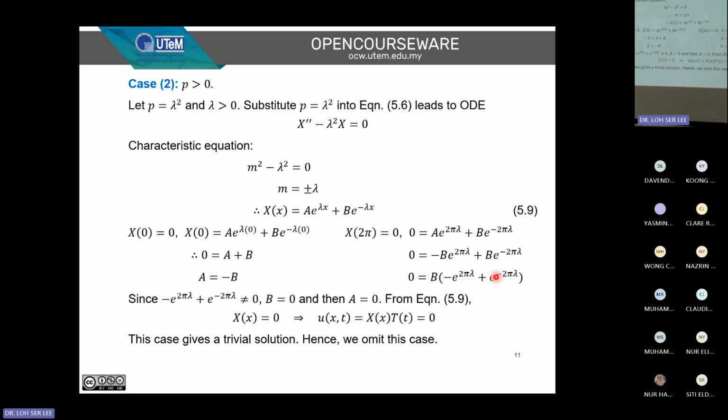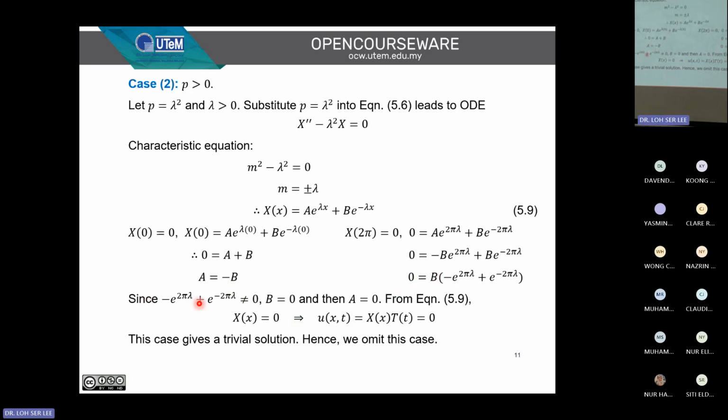This is an exponential function, and an exponential function will never be 0, because your λ is not equal to 0. This can be 0 unless your λ is 0, then you get negative 1 and positive 1. But λ is not 0, that means this is confirmed not 0. So if this is not 0, your B must be 0, because this equals 0.